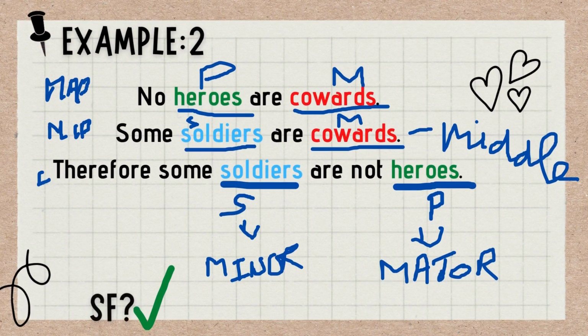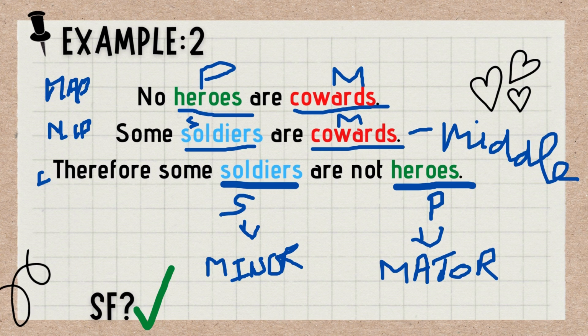And the fourth rule is we need to check if it is in standard form or not. For that, we need to find the minor term, major term, and middle term. How will we find them? First, we take the conclusion. The sentence which contains therefore or so is the conclusion sentence. In the conclusion sentence, we need to find subject and predicate.